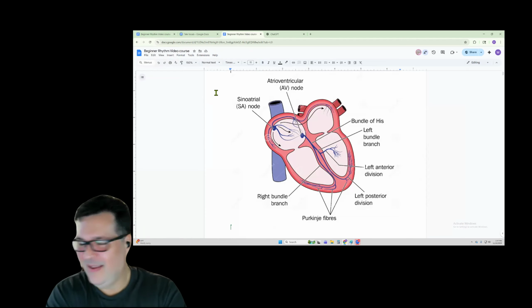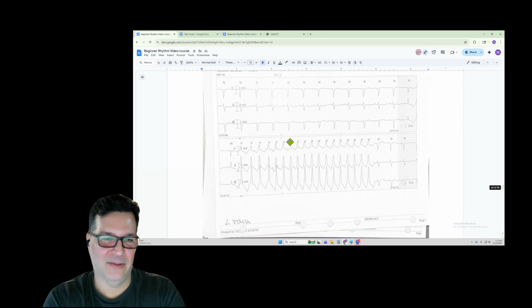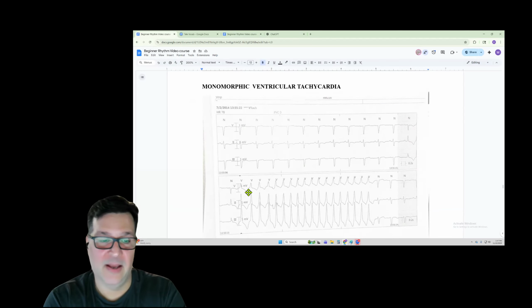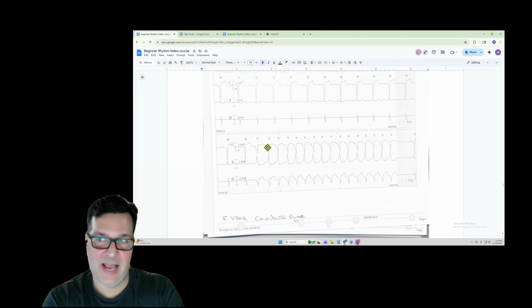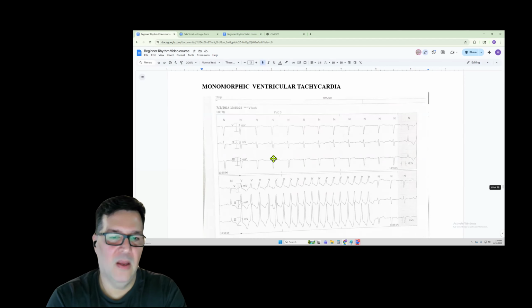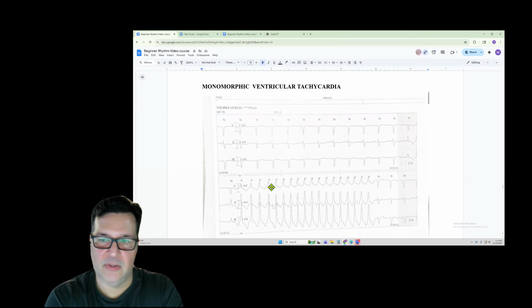Let's see. VFib. I recently learned that myself. And this guy, so see above where the deflection is downward off of the baseline, that's a right PVC. That's coming from the right ventricle. Where this one, straight up off the baseline, that's coming from the left ventricle.